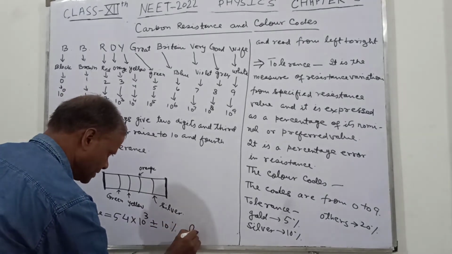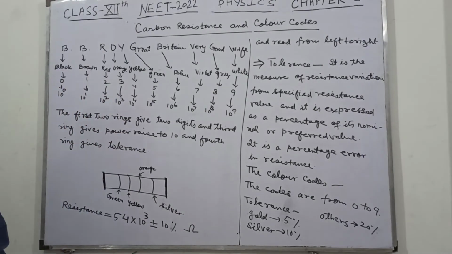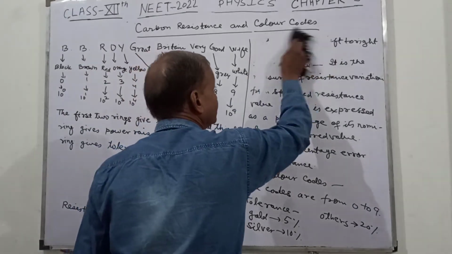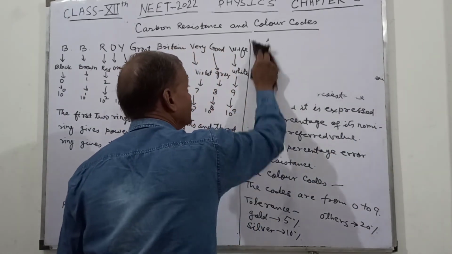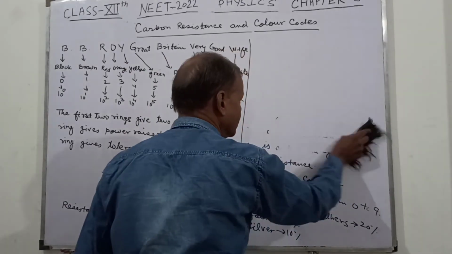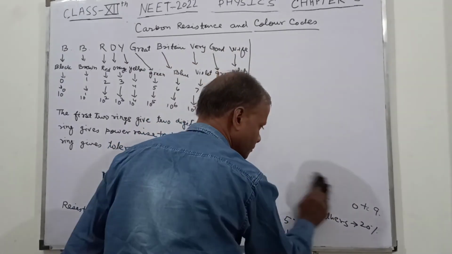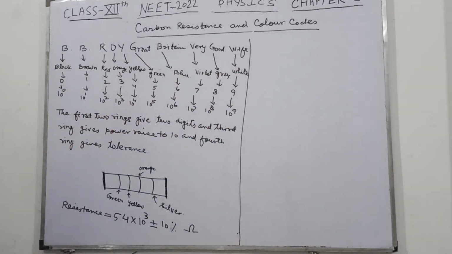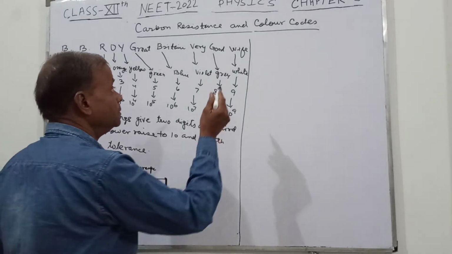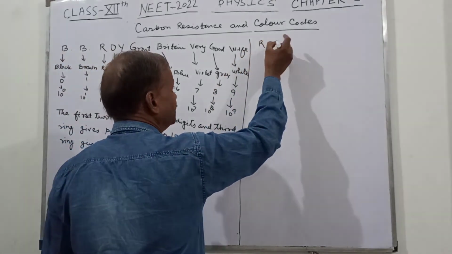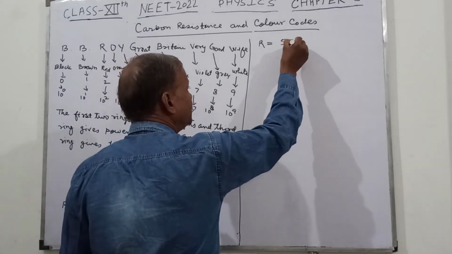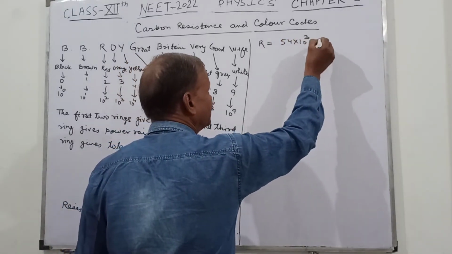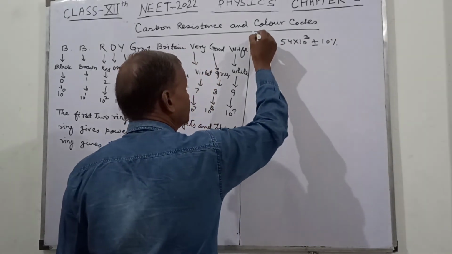This is one kind of representation of the resistance. R is equal to 54 into 10 raised to power 3 plus minus 10%.